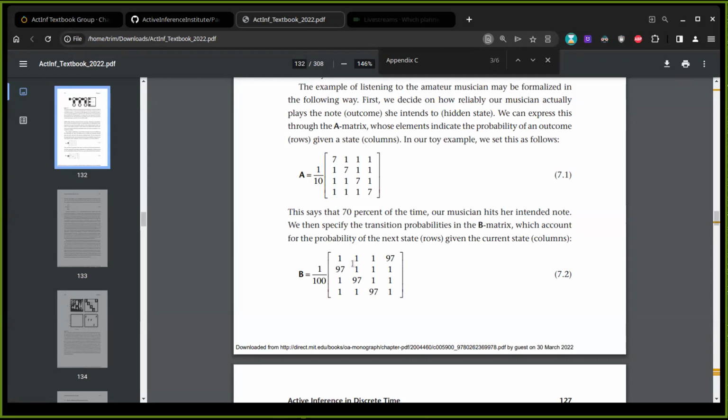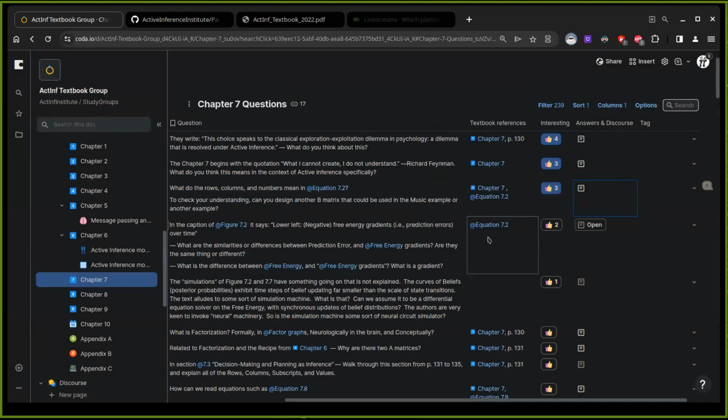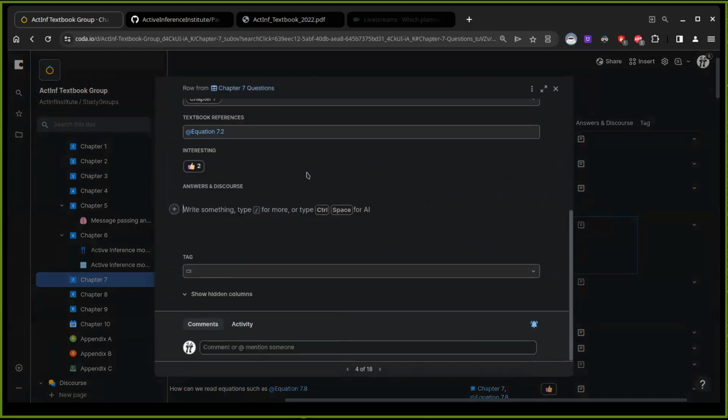Or write a 12-tone composition using 12 notes. But anyone else want to have any comments or thoughts on this? Okay. Pretty straightforward question.